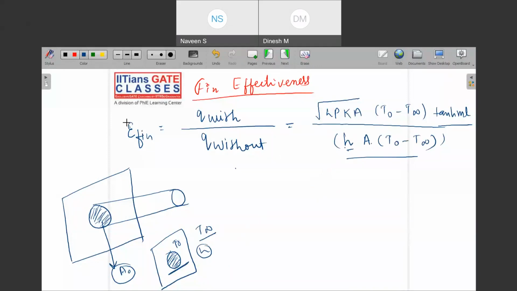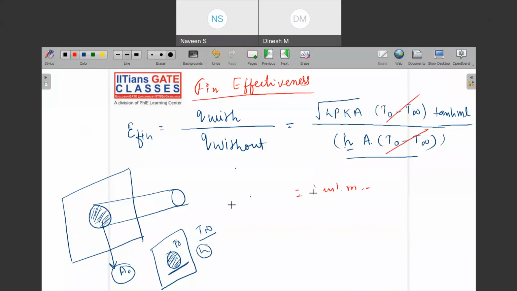So can you see now that my fin effectiveness is, if I change the color, and then T naught minus T infinity, these things are gone. So now can you see my effectiveness is the ratio of, this is tan hyperbolic ml. And if I write down my effectiveness of fin, so tan hyperbolic ml multiplied by whom?